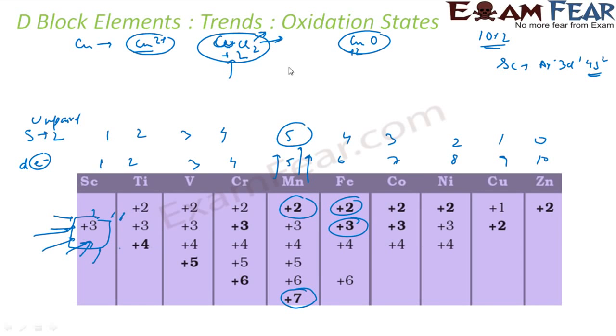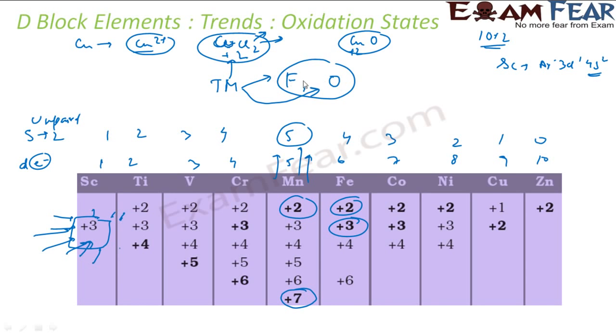right? And also, as I told you, the oxidation state depends on the ligands or the elements attached. It has been seen that the transition metals exhibit higher oxidation states with fluorides and oxides. Why?